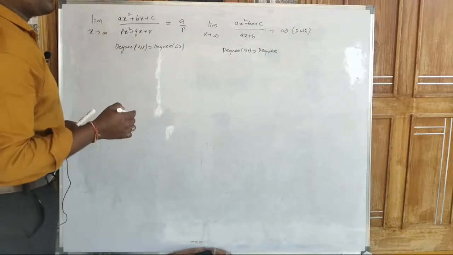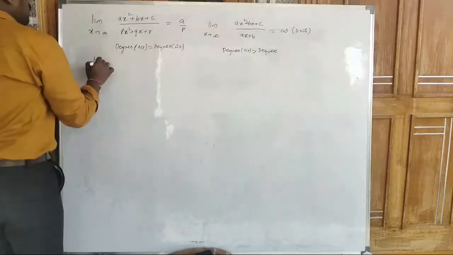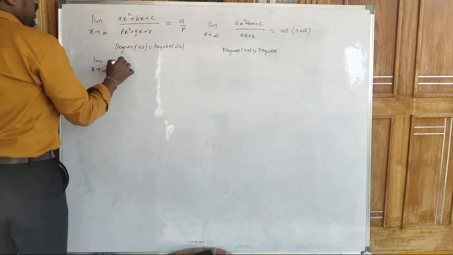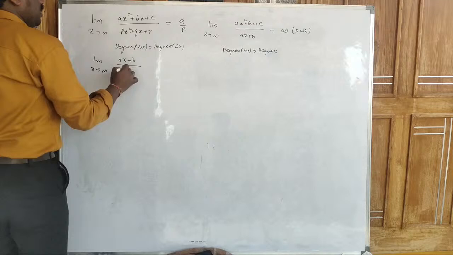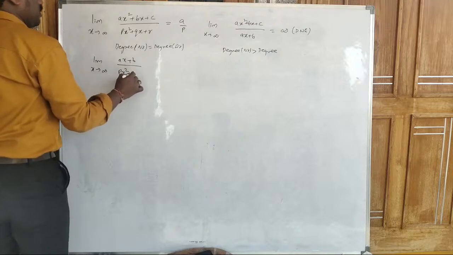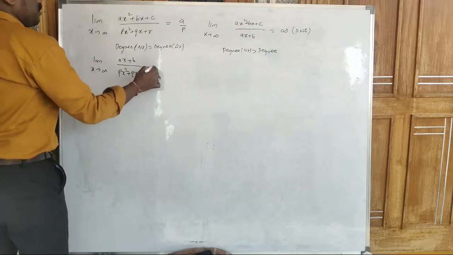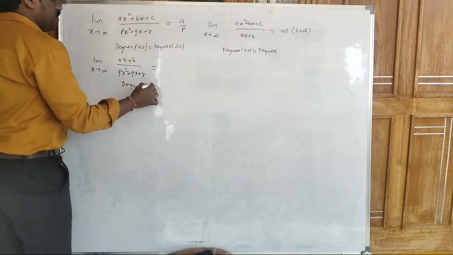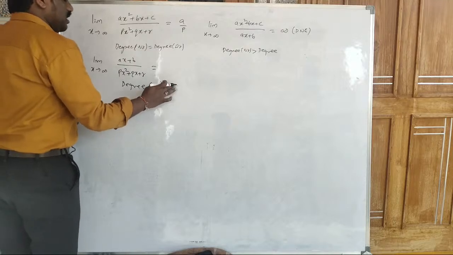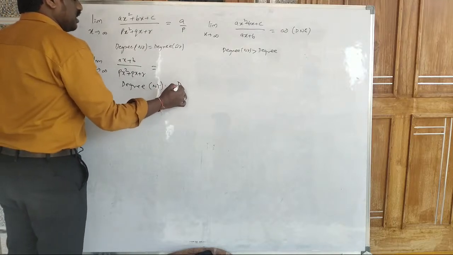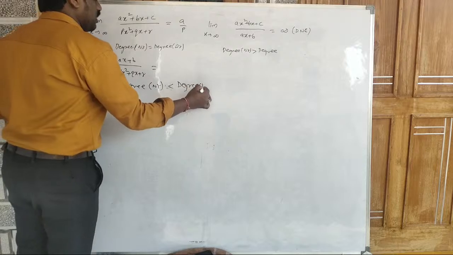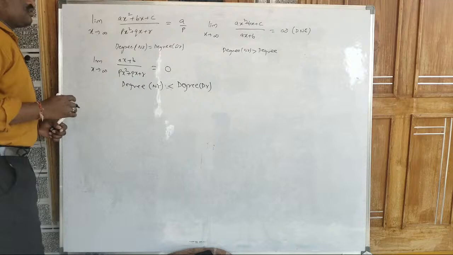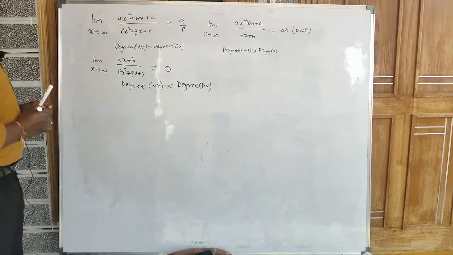And limit x tending to infinity, (ax + b) upon (px² + qx + r), means the degree of numerator is less than the degree of denominator, then you will get the answer 0. So these are the three things I discussed previously.